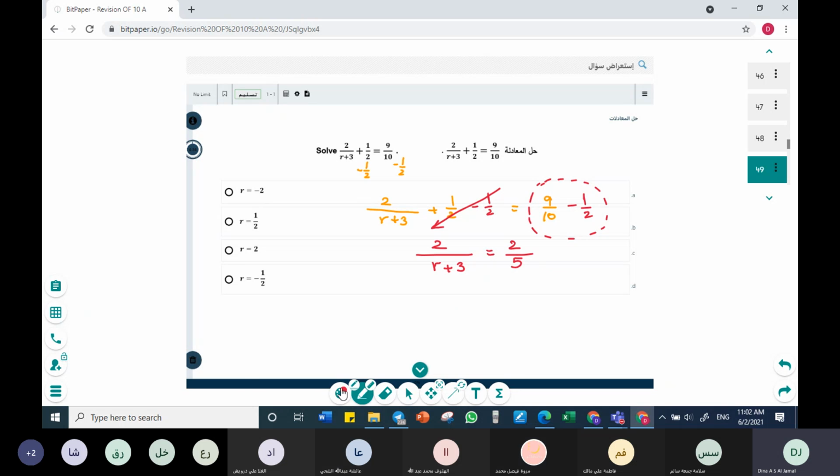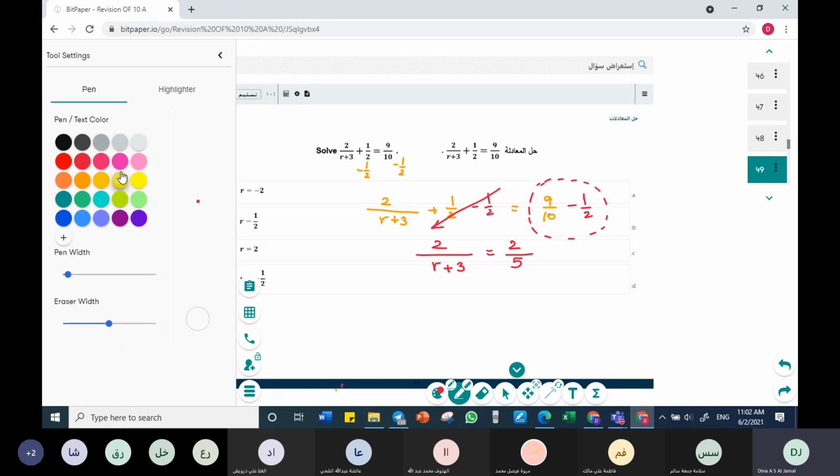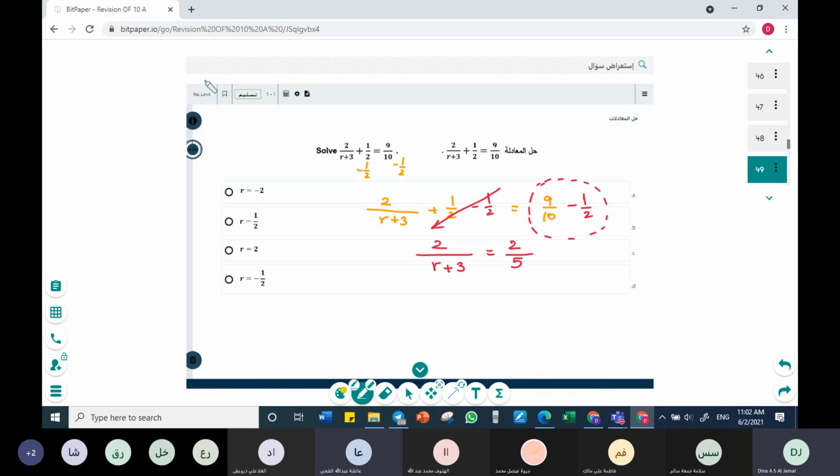Now, how can you find r? What will you be using? What will be the method? Cross product. Excellent. So, can you tell me what shall I write? 2 multiplied by 5.